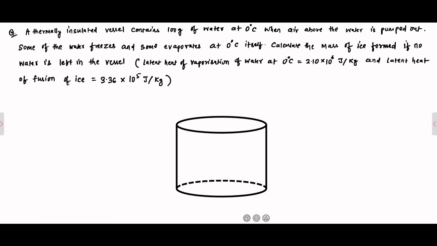Here, the data which is given is that in this vessel there is initially water present. The mass of water which is present initially is 100 grams.